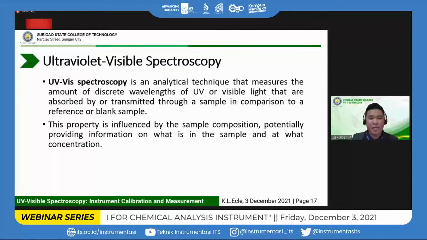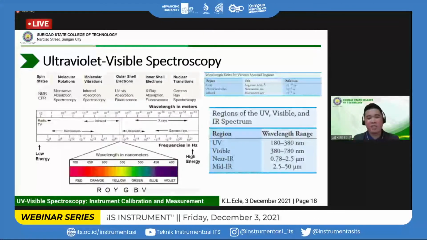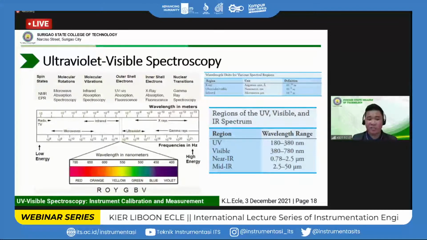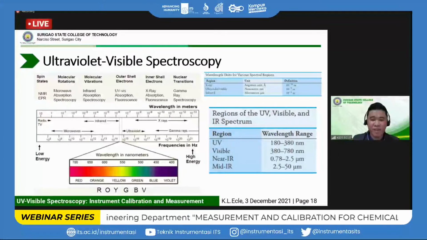Because we are talking about UV-Vis spectroscopy, you must also take into consideration the electromagnetic spectrum and the location of the visible light and the UV light.